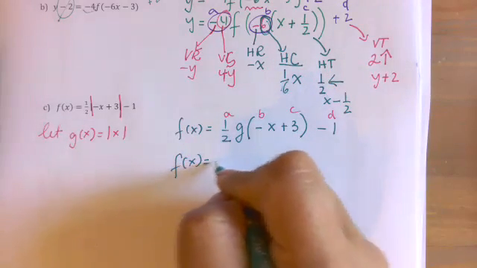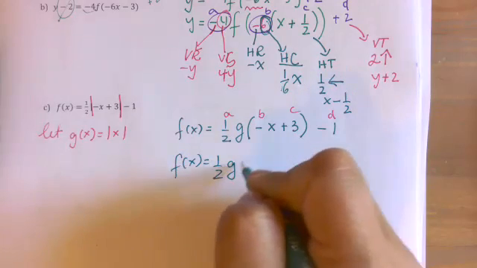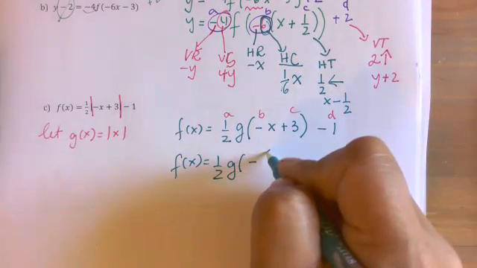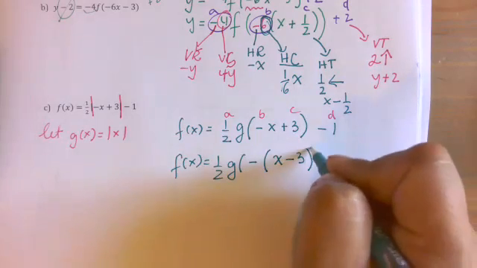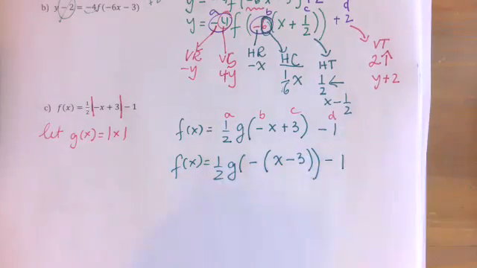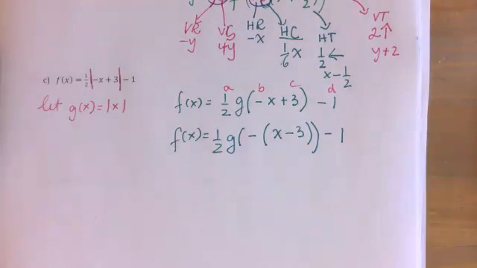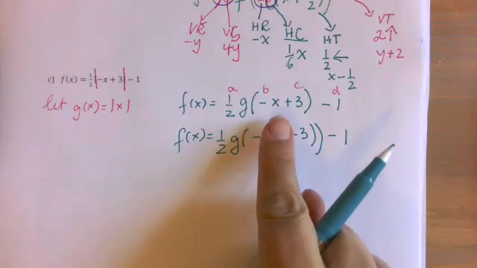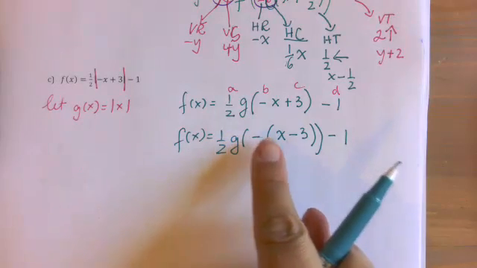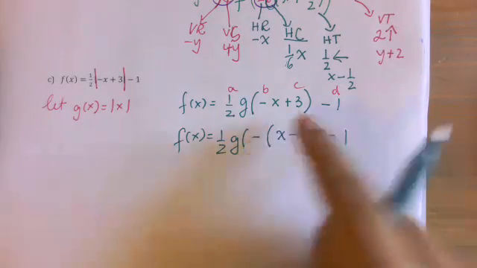F of x equals 1/2 G of negative bracket x minus 3 minus 1. Now you check your factoring. Negative times x is negative x. Negative times negative 3, positive 3. Yes.